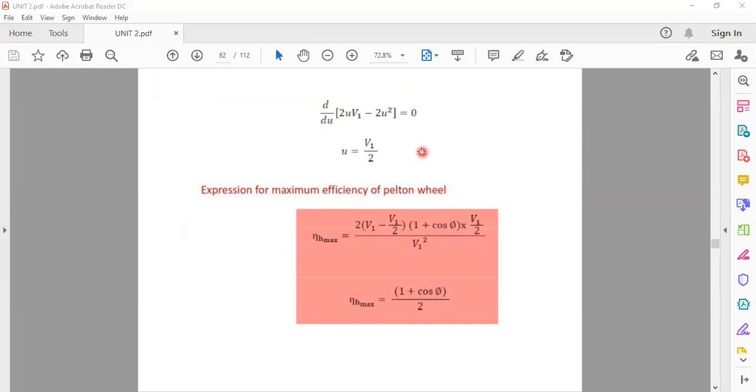So the expression for maximum efficiency of the Pelton wheel equal to 2 into (V1 minus V1 by 2) plus (1 plus cos phi) into V1 by 2, upon V1 square. After simplification, maximum hydraulic efficiency equal to (1 plus cos phi) upon 2. This is the condition for maximum efficiency.